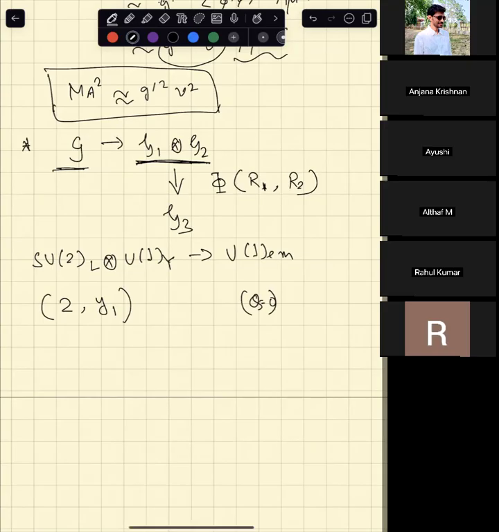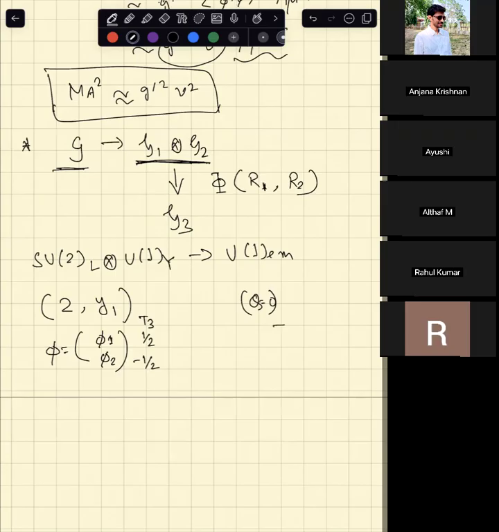So now you see, if it is an SU(2) doublet, then my phi will look like phi1 and phi2. What is the isospin quantum number T3? It's a half, and this one is minus half. Now you see, any one of the components should have a charge Q equal to 0.